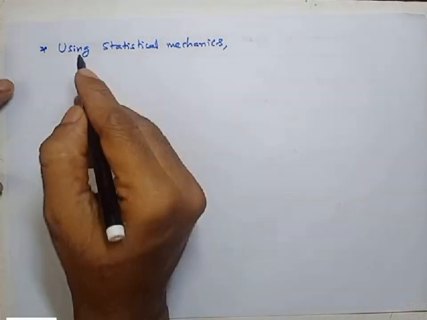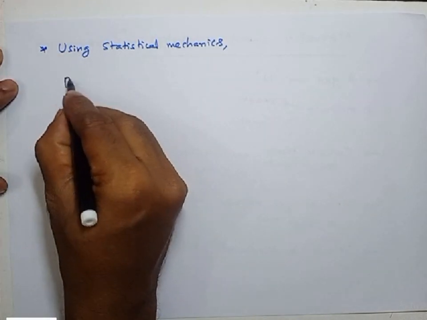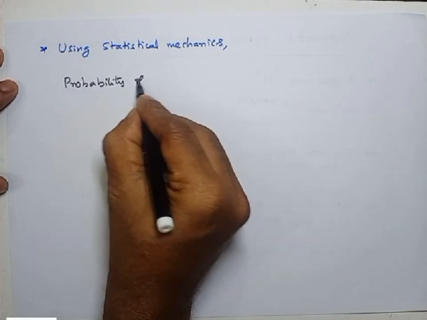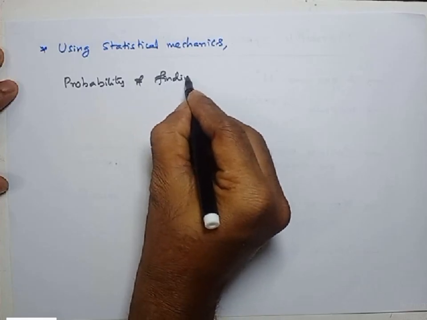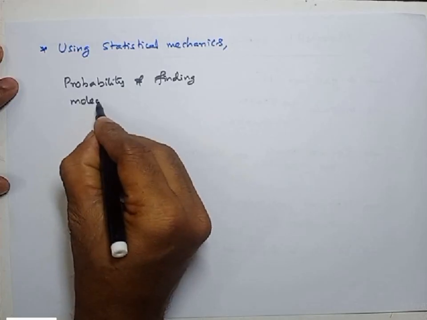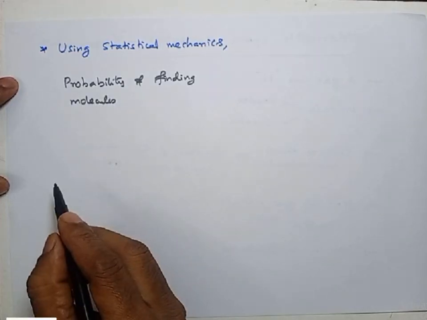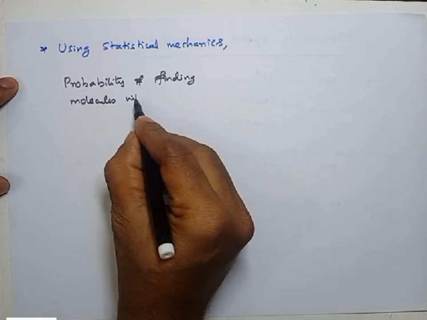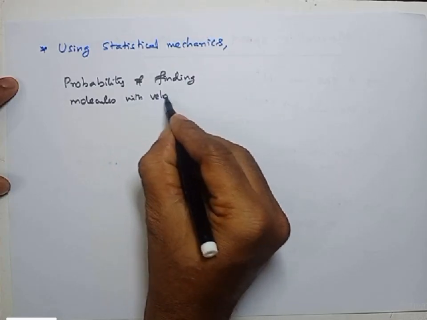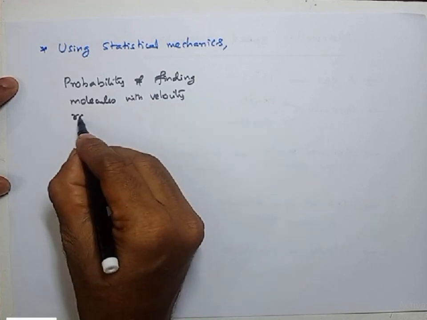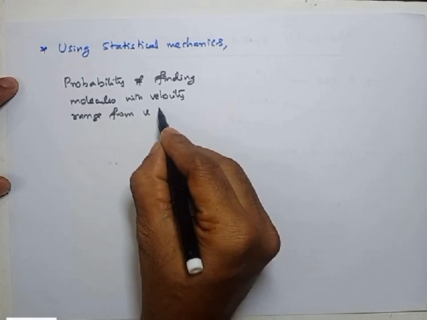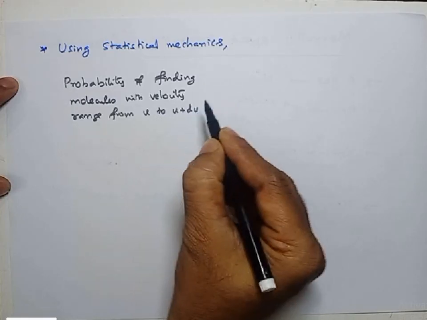So first I'll write the formula. Listen, what is the probability of finding molecules with the velocity in the range from u to u plus du?